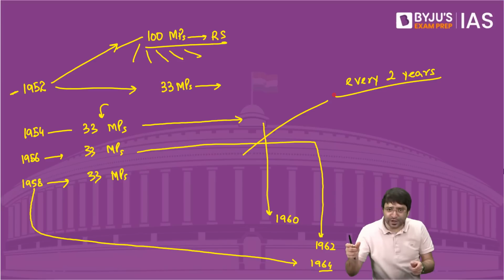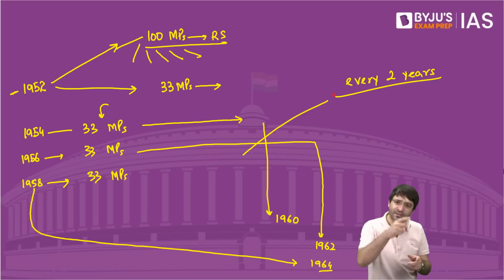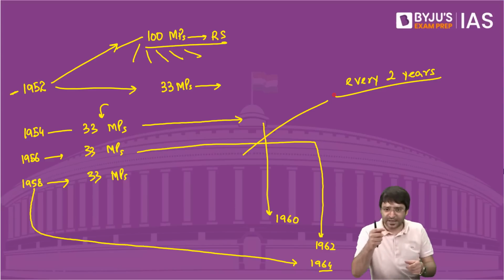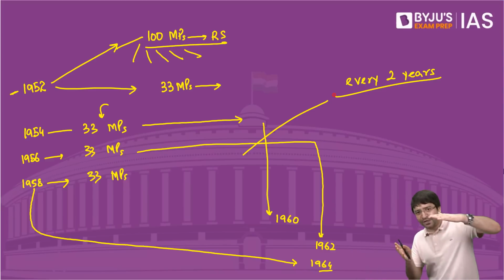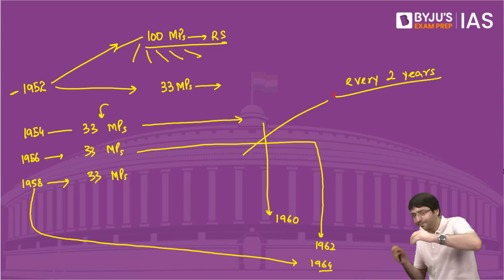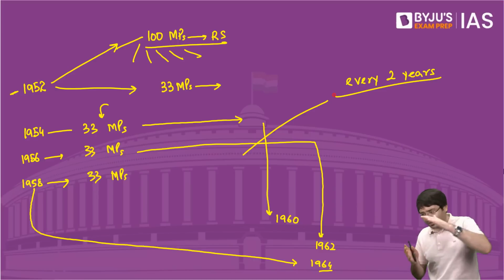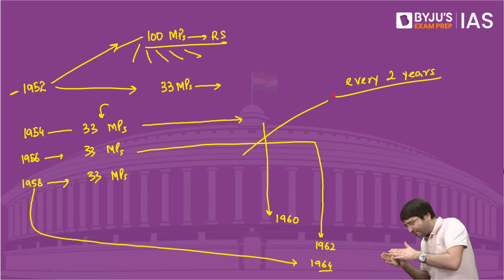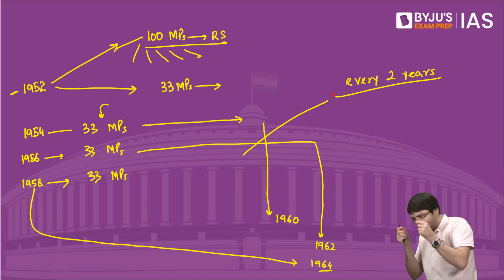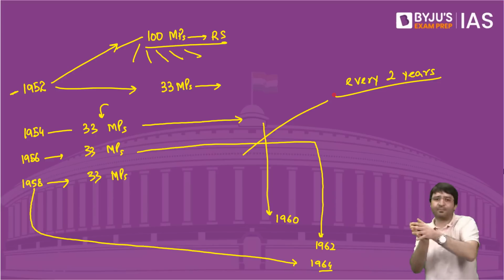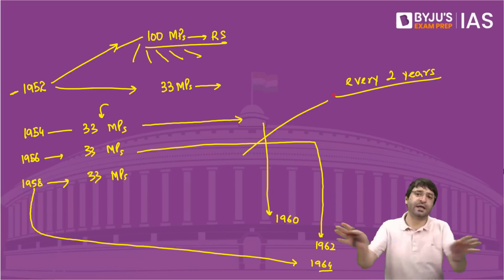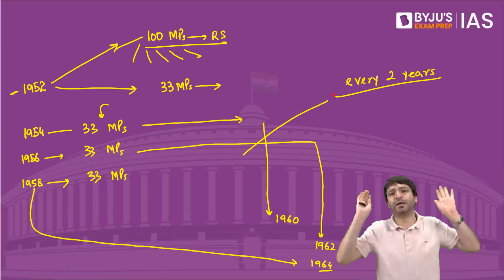Then after 4 years, we asked 1/3 MPs to retire again. Once they resigned, fresh election was conducted. That means now elections will always take place at different times. 1/3 for this year, 1/3 for 2 years later, 1/3 for 2 years later. That means at every point in time, we will have MPs in Rajya Sabha. Rajya Sabha will never be dissolved. It will remain the permanent house of Indian Parliament.